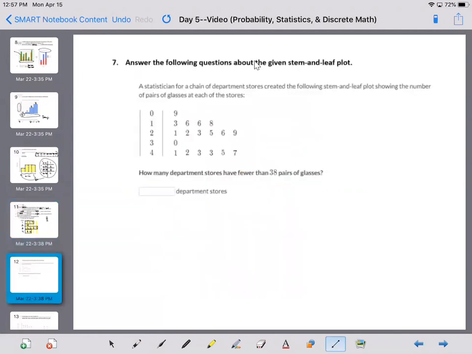Let's look at number 7. A statistician for a chain of department stores created the following stem and leaf plot showing the number of pairs of glasses for each store. How many department stores have fewer than 38 pairs of glasses? So we're looking at fewer than 38.